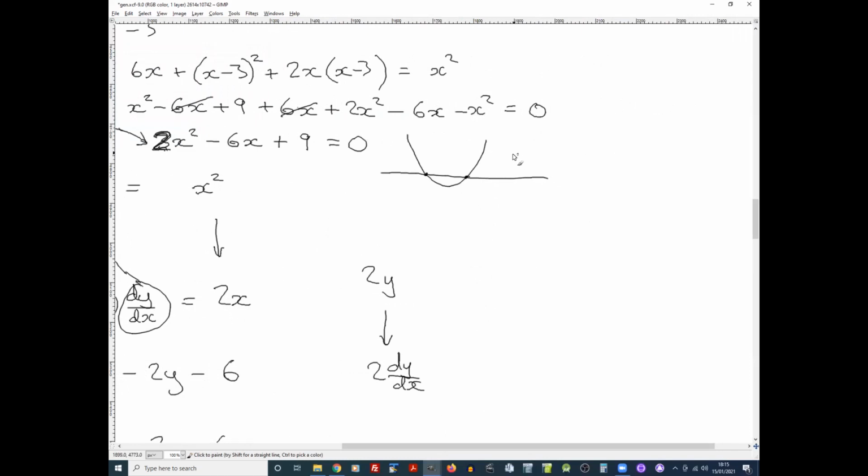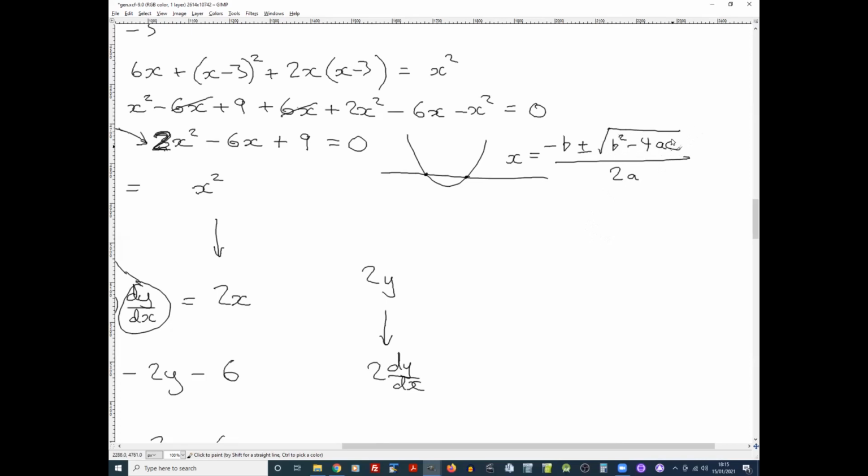Which part of using the quadratic formula would the calculator throw out as a syntax error? The 2x squared minus 6x bit? No, it's this bit here. Right, okay.